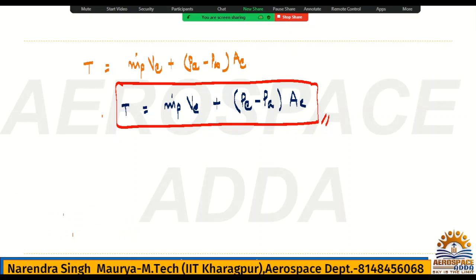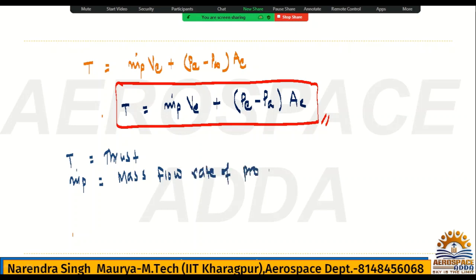Okay, now T is thrust, m dot p is the mass flow rate of propellant. If I say mass flow rate of propellant, then both liquid oxygen and fuel are coming here.